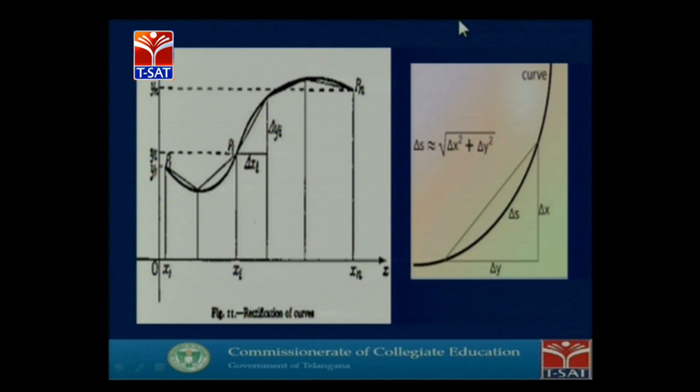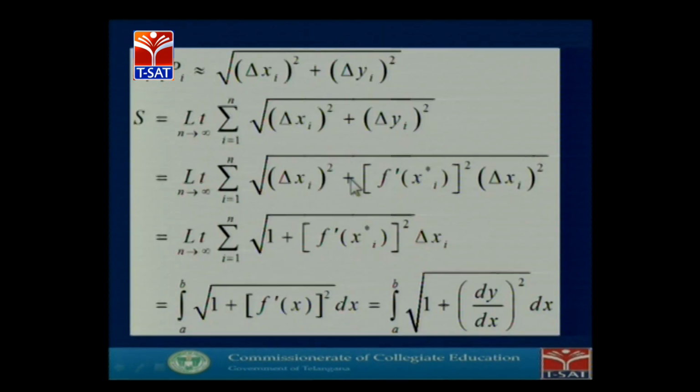Now this is the approximate length, as we are approximating the curve by a straight line. To get an accurate value we will take larger and larger values of n. By increasing the number of points on the curve, we will get the accurate length. So this Pi minus 1 Pi length is under root of delta xi square plus delta yi square.